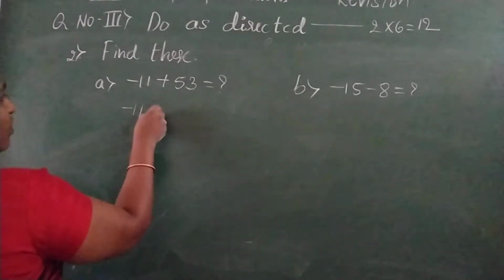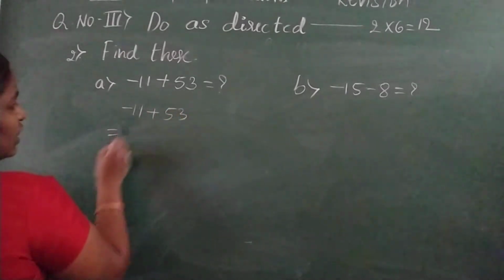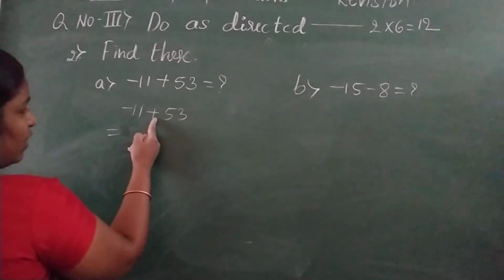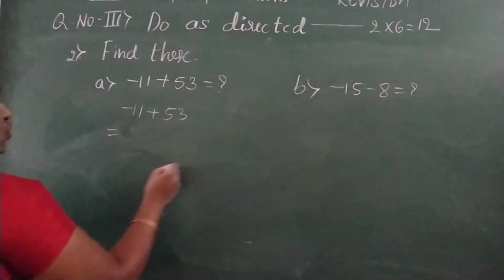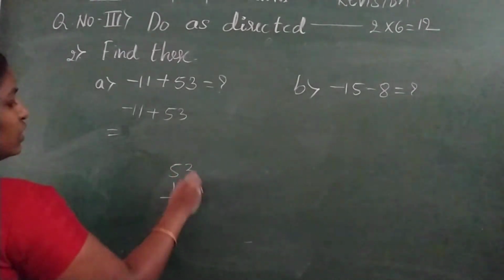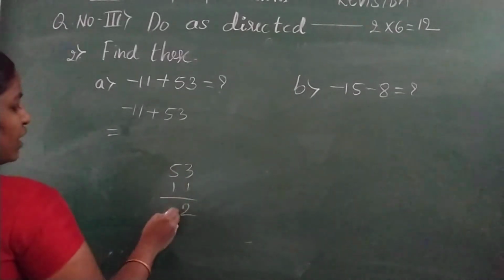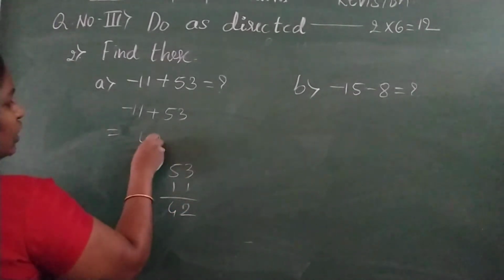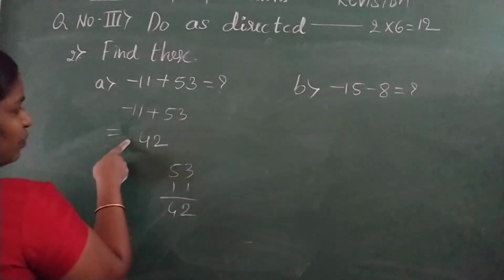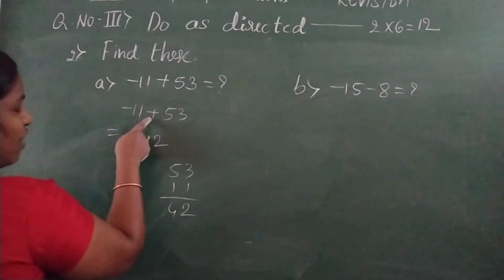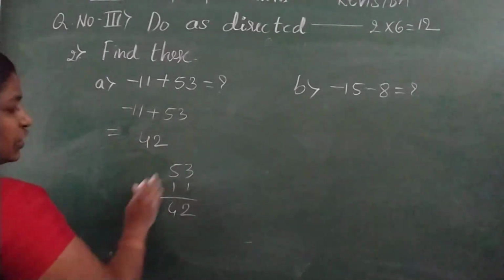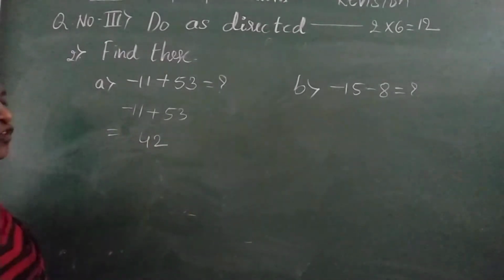So minus 11 plus 53 is minus and plus. What you have to do? You should do subtraction. So subtraction means 3 minus 1 is 2, 5 minus 1 is 4. 42. Which sign you should keep? The big number's sign. So 53 is the big number. It has plus, so positive 42. So the answer is 42.